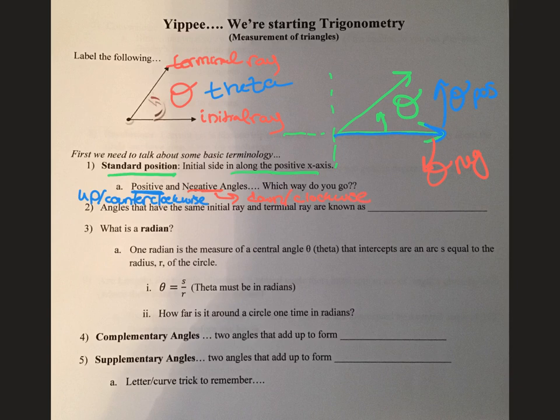Angles that have the same initial ray and same terminal ray are known as coterminal. They start and stop in the same place, but the way they got there may not be the same. So for example, I'll draw a coordinate plane really quick.